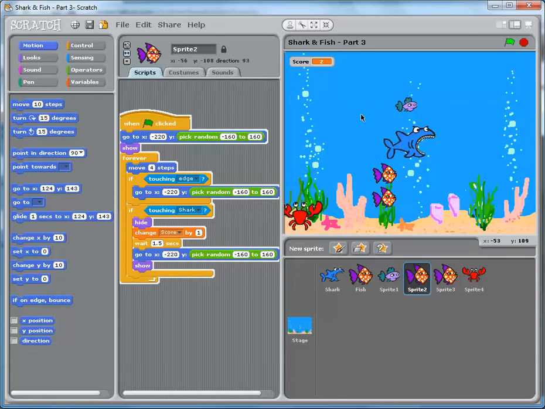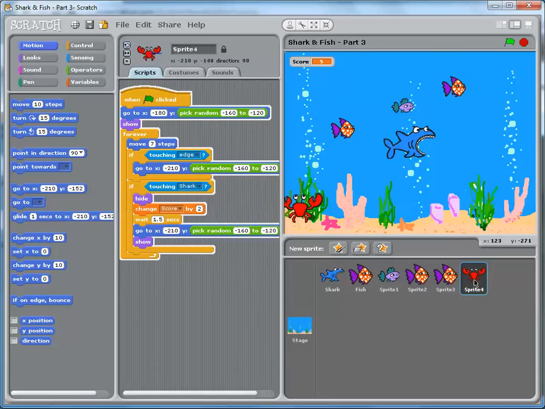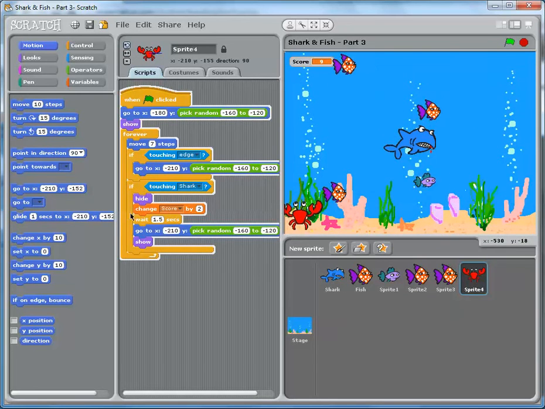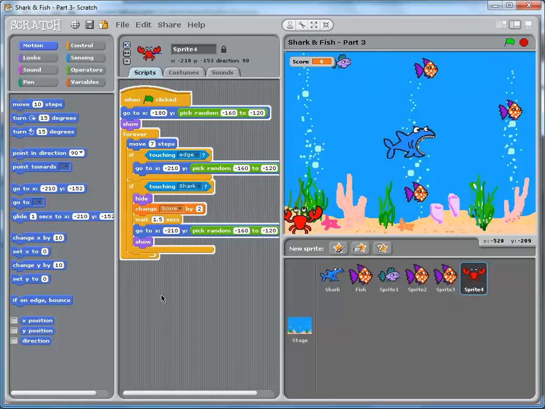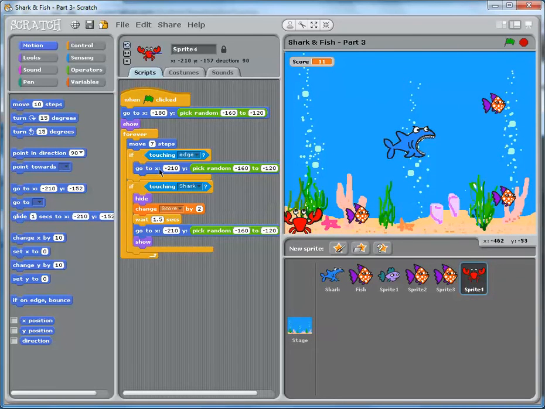All right, now what you're also seeing, though, is the secondary error. If you see right here, sprite number 4, which is my crab, is jumping up and down, and he's not moving like he's supposed to. And if you look right here, I can see the script is all highlighted in white. So if I look at it a little bit closer, the problem is right here, this go to x negative 210.